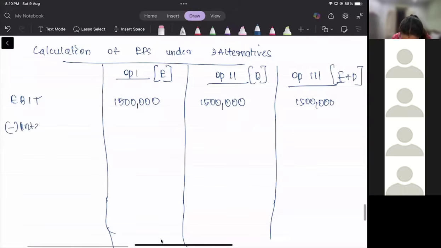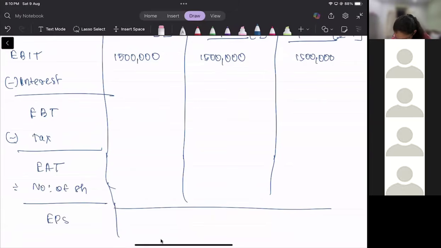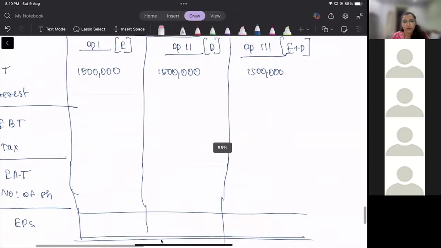Less interest, you get EBT. Less tax, you get EAT. Divided by number of shares, you get EPS. See, whenever possible, do write the format first.